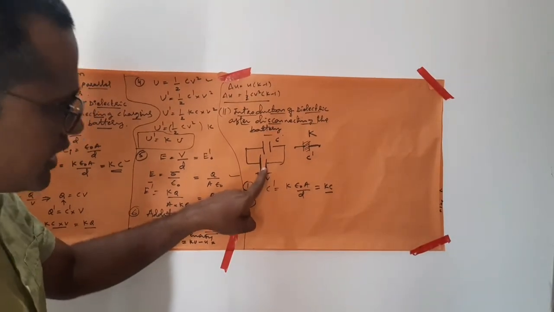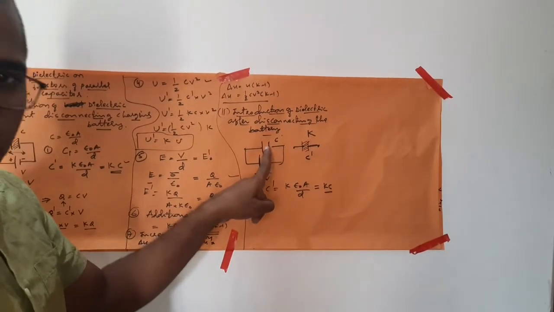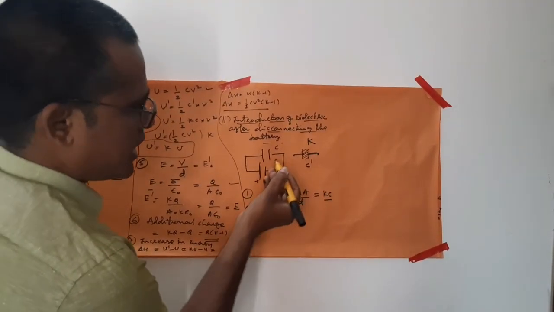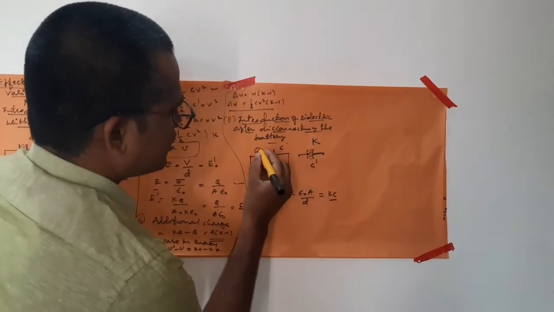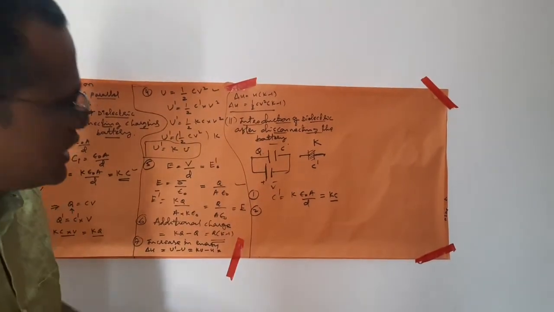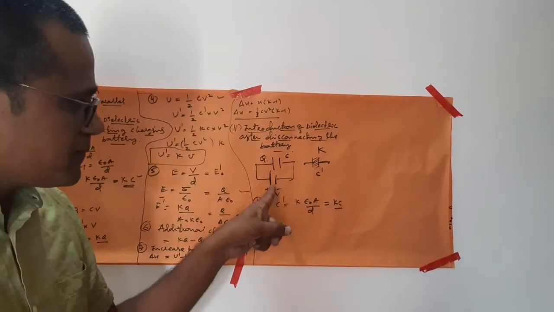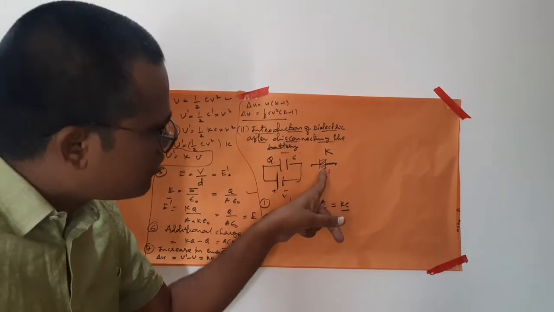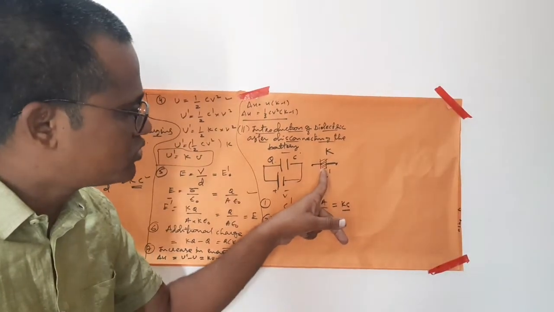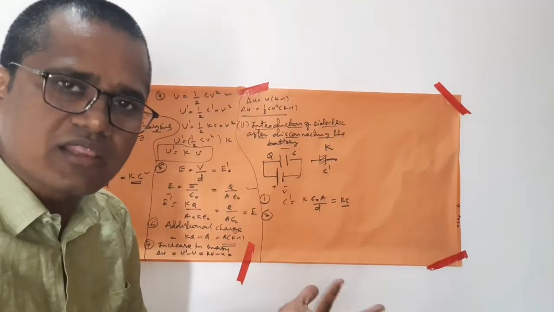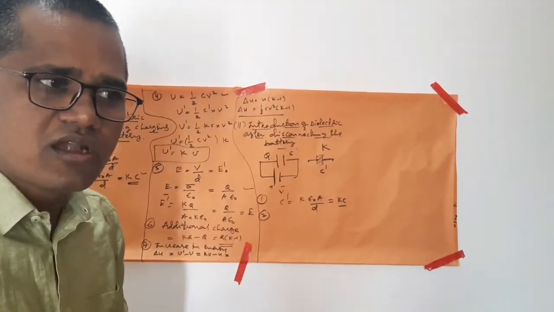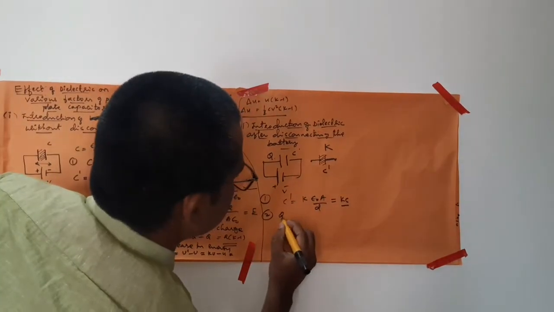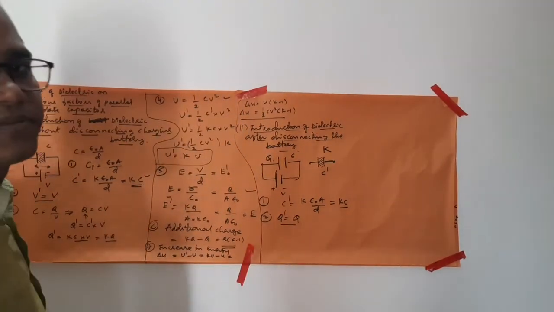Remember, the battery is connected to the capacitor, and for a given applied voltage and capacity C, whatever charge it is storing, let it be Q. After disconnecting the battery, even if you introduce a dielectric or whatever medium, charge remains the same, because you are neither removing nor adding charge. Therefore final charge equals initial charge.